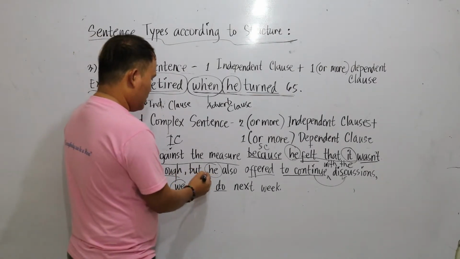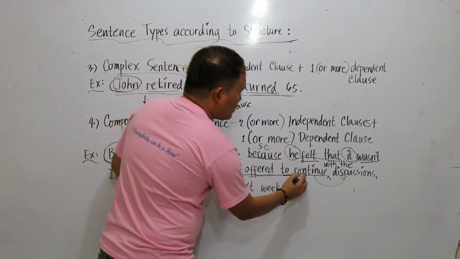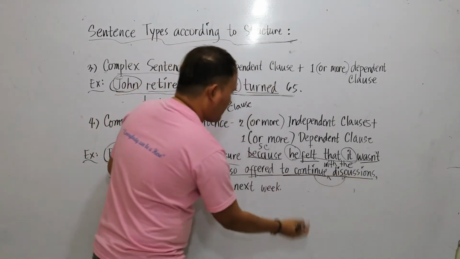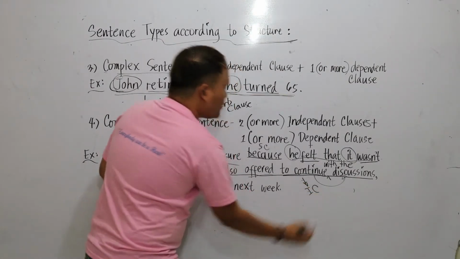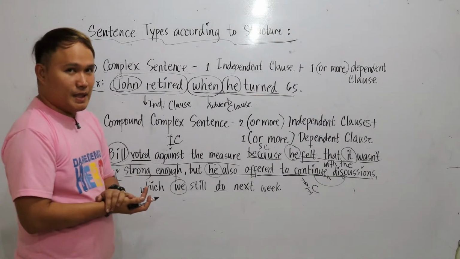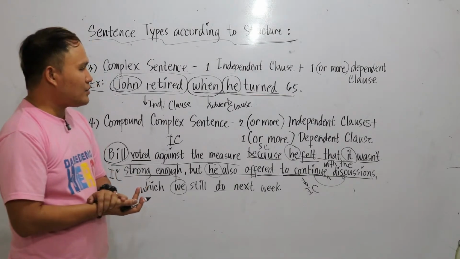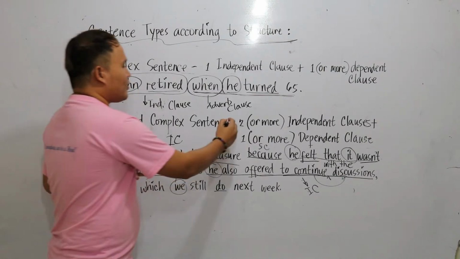Okay. This is one. This is another independent clause here. So how many independent clauses do we have right now that we have found? We already have 3. Okay. So this one is checked already.